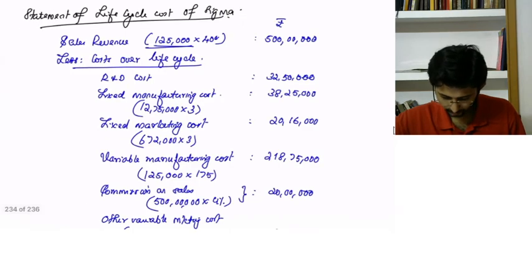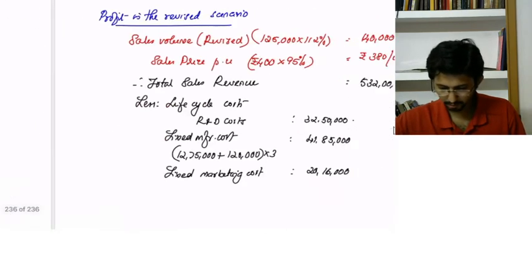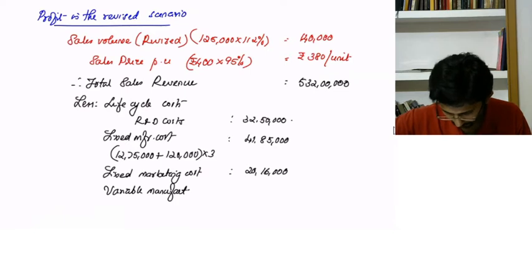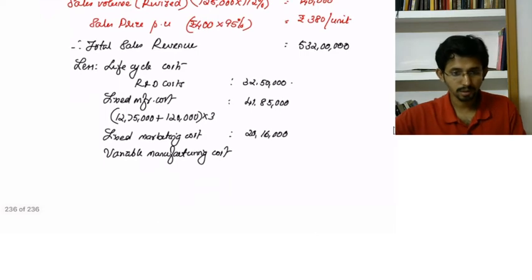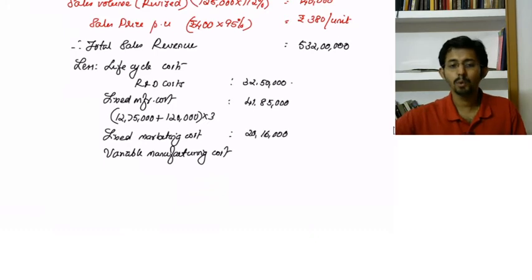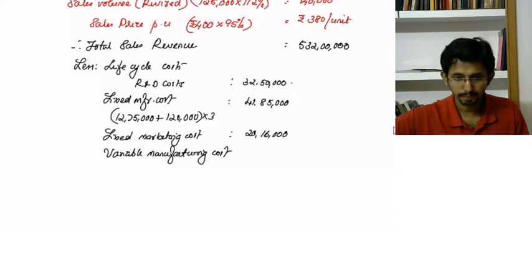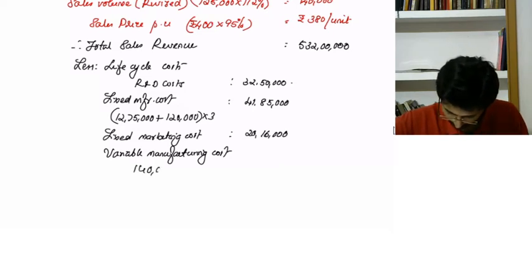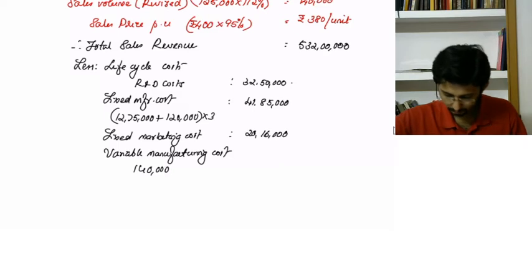Then what else you have? You have to take the next cost, that is variable manufacturing cost. Variable manufacturing cost will come down. Where is the reduction? The volume has increased. Am I right? Volume has increased. So 1,40,000 is the total volume.